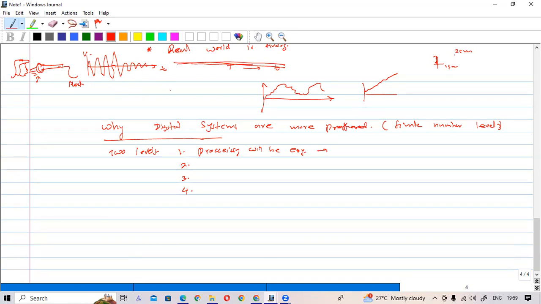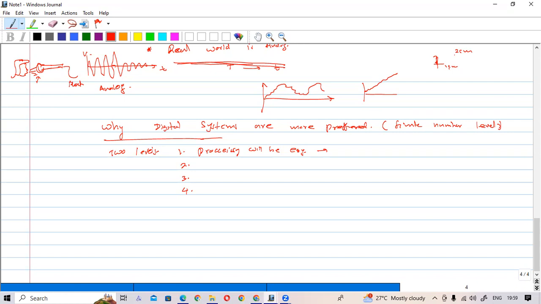The sound is a real world parameter, so it is analog. Previously we used analog transmission, but now we would like to convert it to a digital signal and send it.